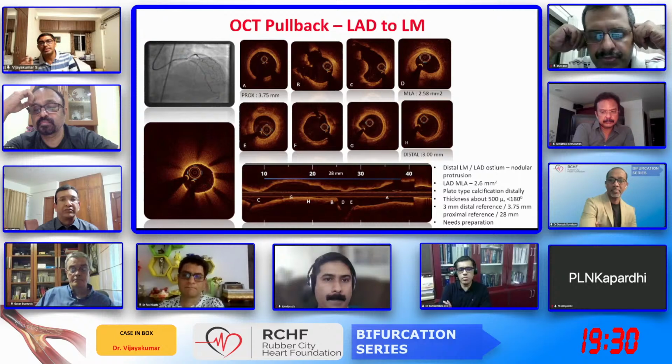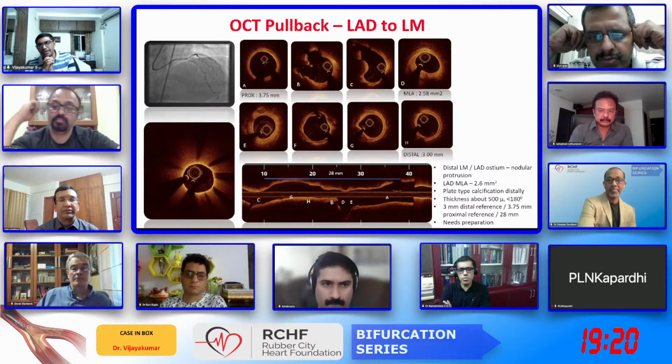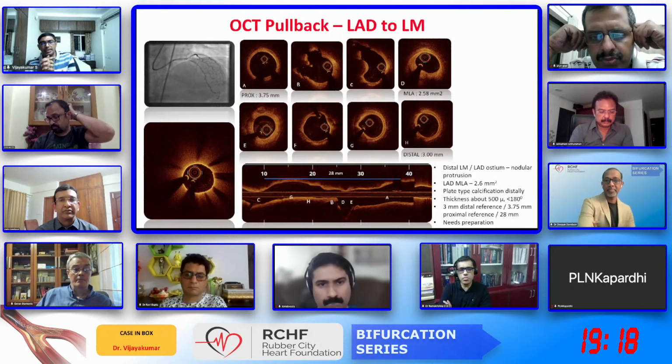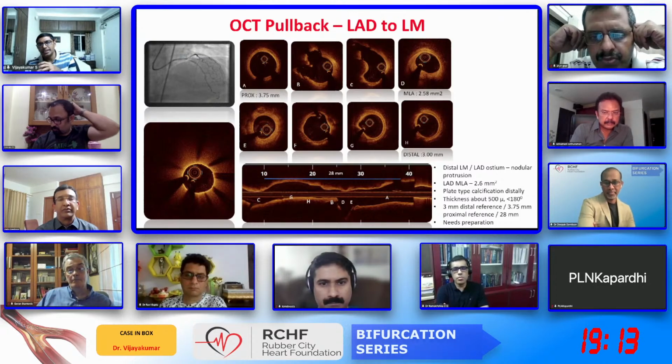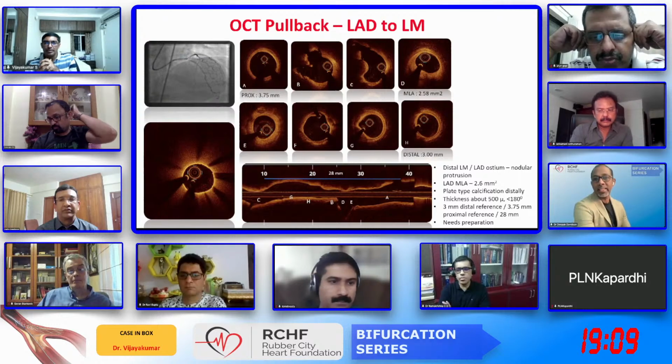Most of the time it is all fractured calcium, and the nodular calcification is probably a little bit more organized. The eruptive one gives way to your balloon dilatation or IVL, whatever you call it. And with nodular calcification, I think even IVL doesn't work to a great extent.